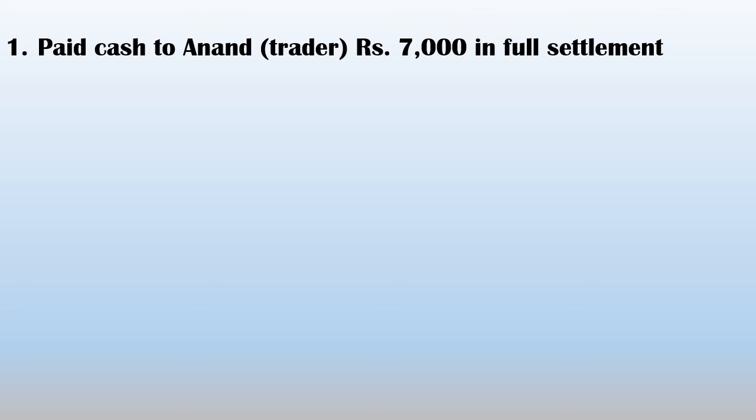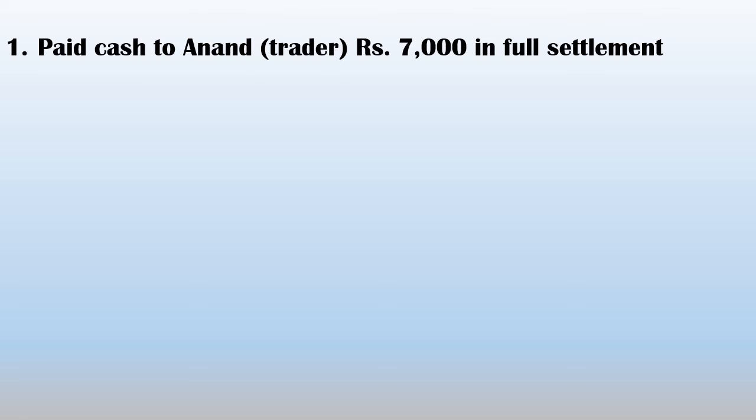All the transactions are related to the question that I told you earlier in this video, so you will have to keep a note of that. Every time I am not typing the question. According to that question, the goods list price was 10,000 minus 20%.